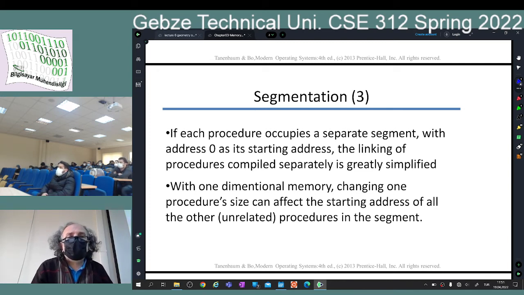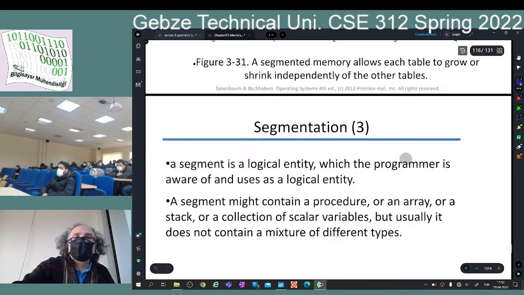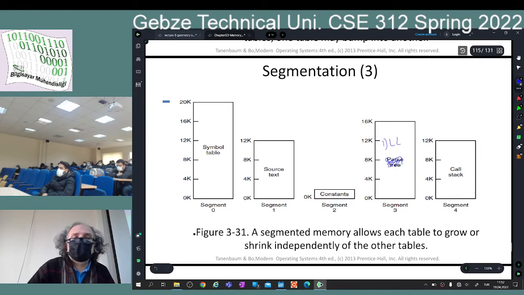With one-dimensional memory, changing the procedure sizes will affect their starting addresses, so we will run into this problem of position-dependent code. That's the main advantage of segmentation. It makes writing shared code programs very easy.